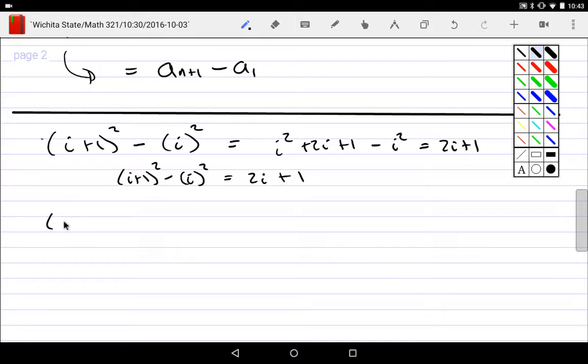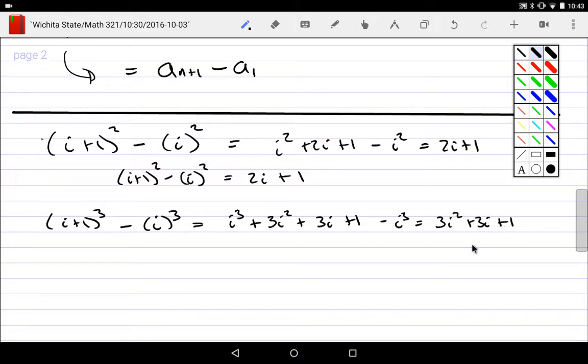What would happen if I had i plus 1 cubed minus i cubed? What's i plus 1 cubed? i cubed plus 3i squared plus 3i plus 1 minus i cubed, which is equal to 3i squared plus 3i plus 1.